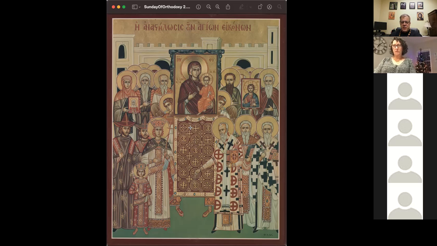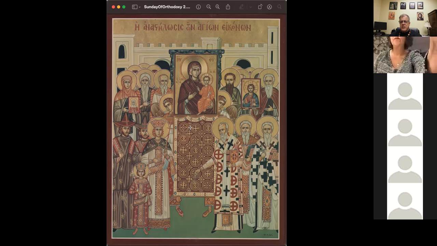And also, I think it would give us the opportunity to explain why icons are still very much a part of our tradition as opposed to some others. And what it is about icons, what gives us the justification for using icons.